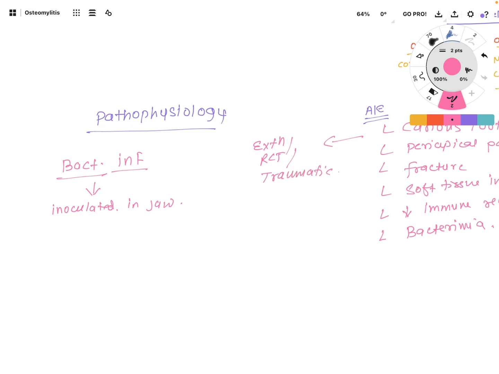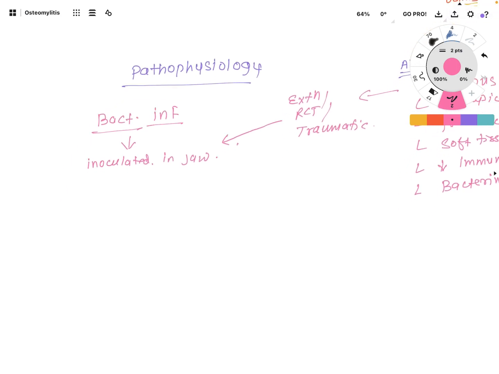Because of that, the infection travels to your jawbone. That's why it is not advisable to do an extraction when there is a swelling or a very severe periapical abscess or infection. And even if you do that, you are supposed to do a very thorough curettage of the surrounding area. So that is the inoculation in the jawbone.